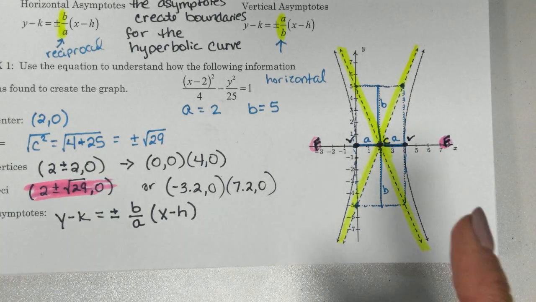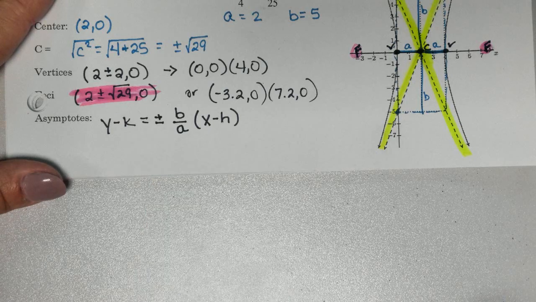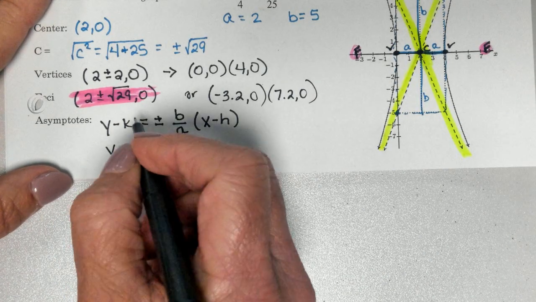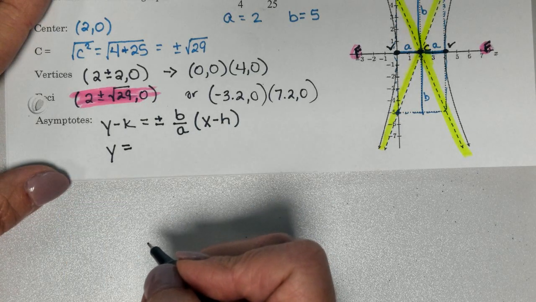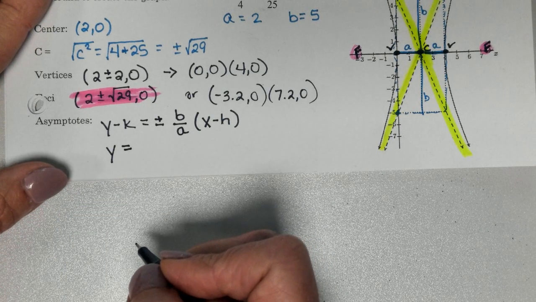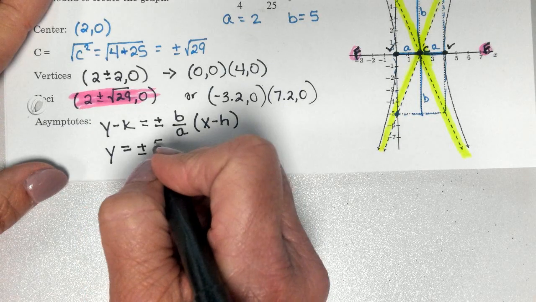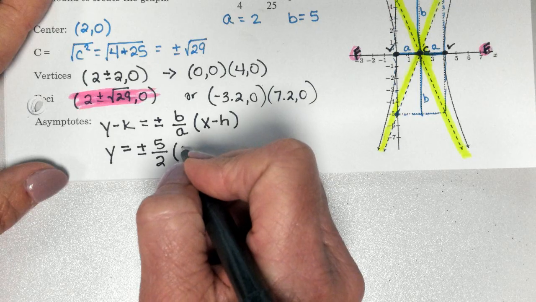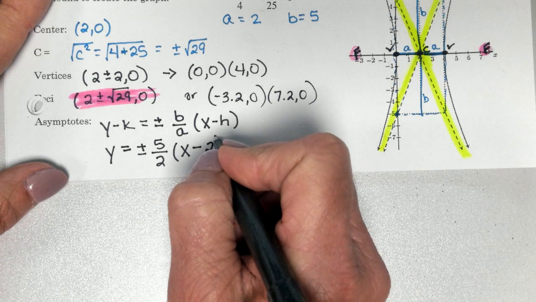Now, if I'm going to plug the numbers straight into the formula, my k value is 0, so it's just y minus 0, which is y, equals plus or minus, my b value is 5, my a value is 2, parenthesis x minus 2 for h.